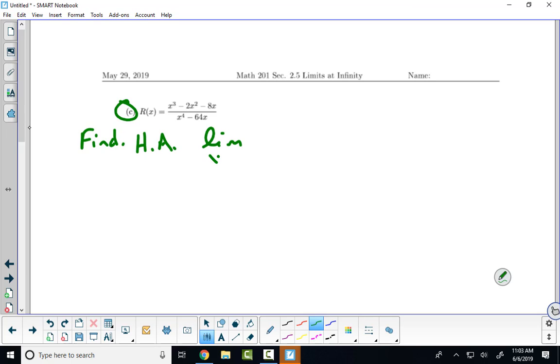So we're going to look at the limit as x approaches infinity of x cubed minus 2x squared minus 8 over x to the 4th minus 64x.